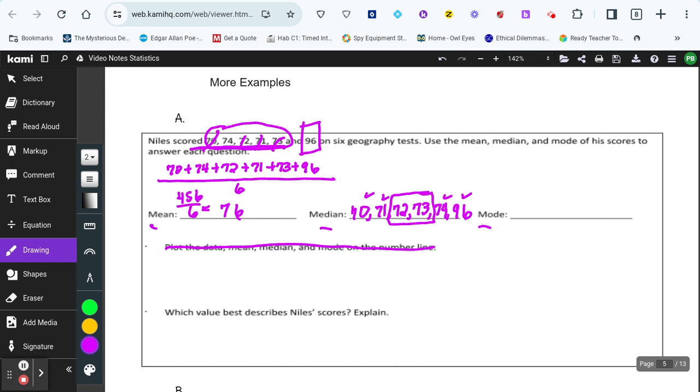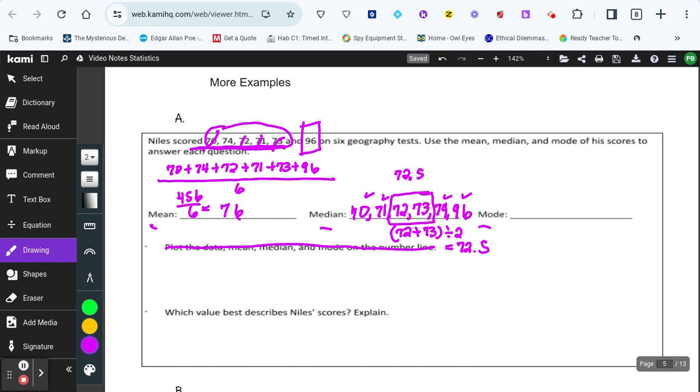So halfway between 72 and 73 is 72.5. That's the median. You could have just taken 72, added it to 73, and then divided by 2, and it still would have given you 72.5, okay? But I just know halfway between 72 and 73 is 72.5.